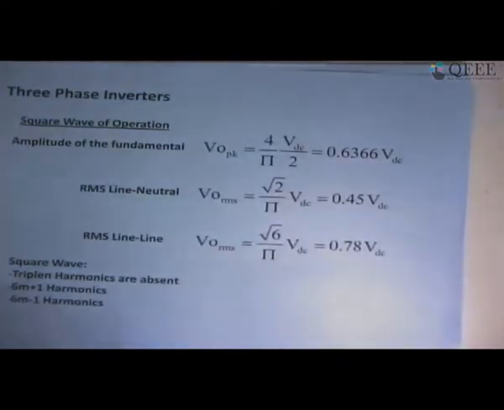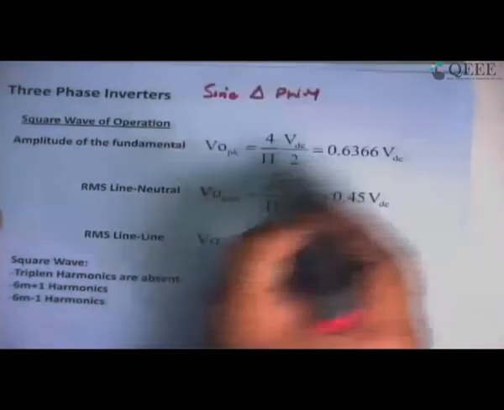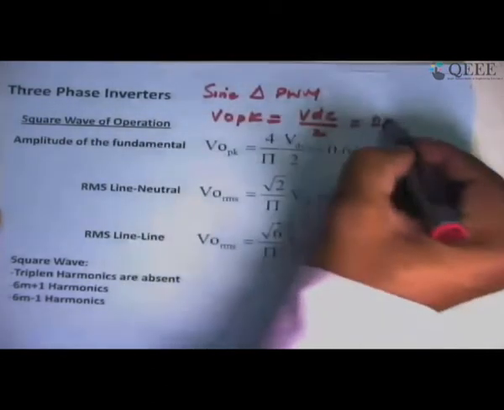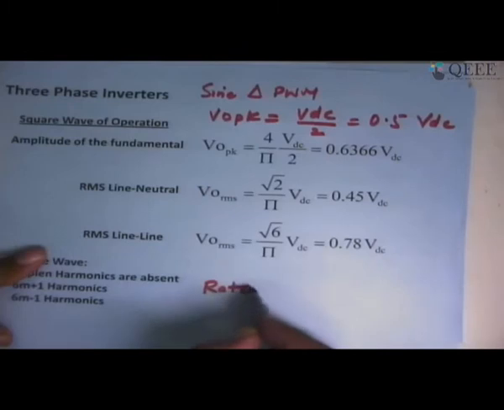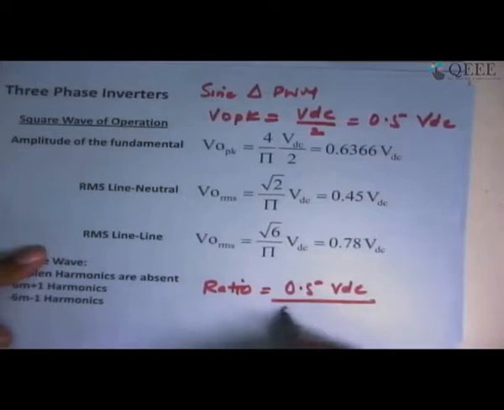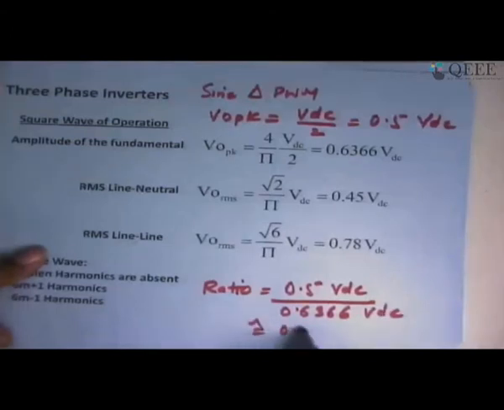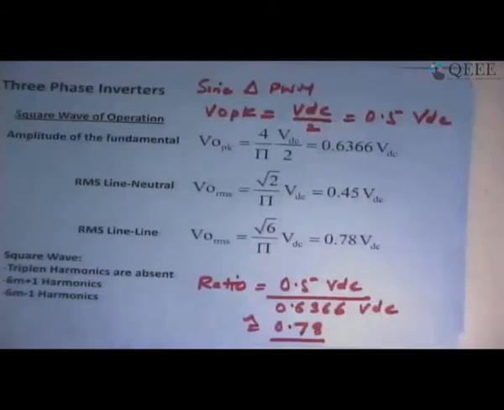But if we go for sine triangle PWM, and you take the ratio of the output voltage from sine triangle to the output voltage from square wave mode, it is of the order of 0.78.